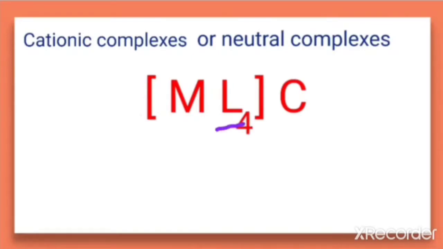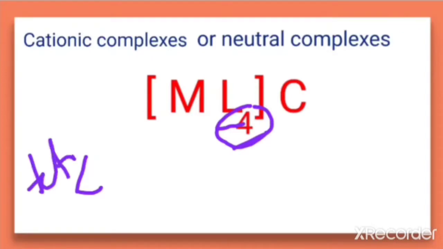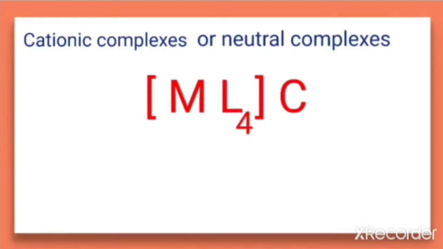So first the name of the ligand should be written, and the prefix should be given depending upon the number of ligands, because here 4 ligands are there. So we have to use the prefixes di, tri, mono, etc., for the number of ligands present in the complex. In this case 4 ligands are there, so we have to use the word tetra.